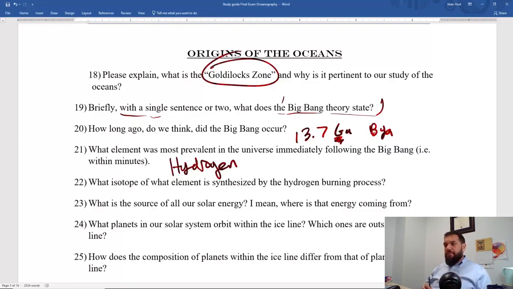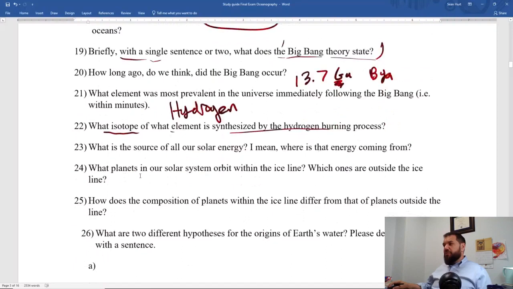Okay, it's the smallest, most simple element that there is. Element number one. Now, what isotope of what element is synthesized by the hydrogen burning process? So remember that almost all the solar energy that we receive is created by this hydrogen burning process. That's where you have hydrogen combining with hydrogen, four of them actually, to give you what's called helium-4.